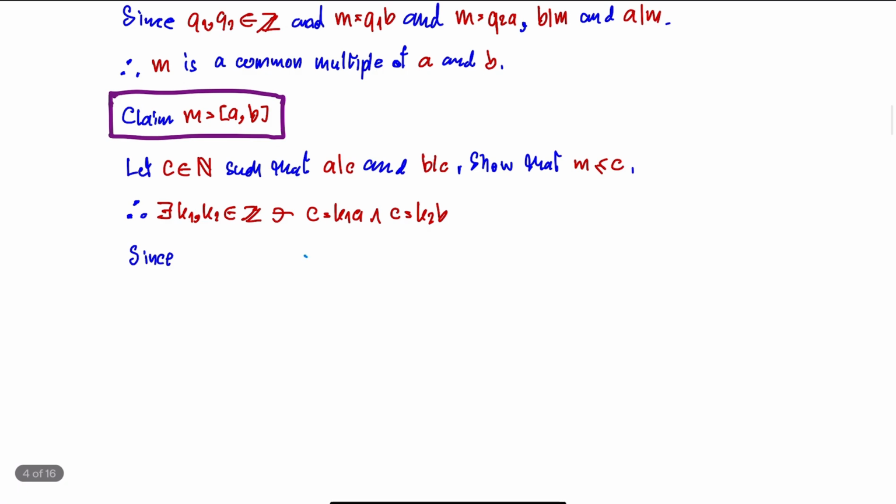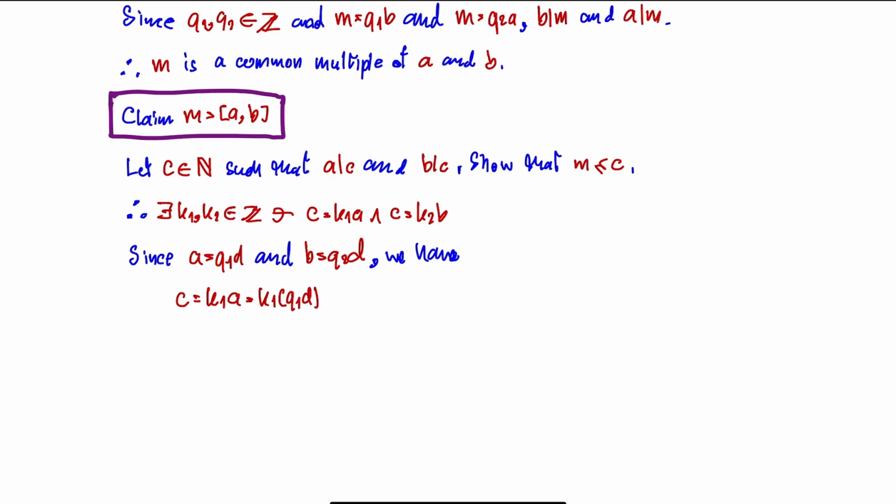Okay. So since we have this one right here, what next? So what happened to C? We have C equal to k1 A, which is k1 Q1 D, and our C, which is k2 B, which becomes k2.